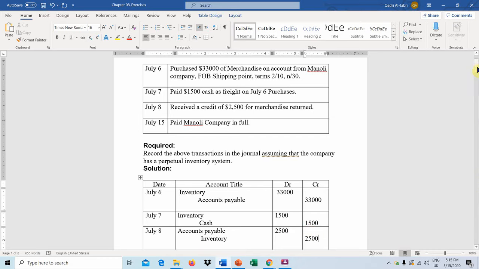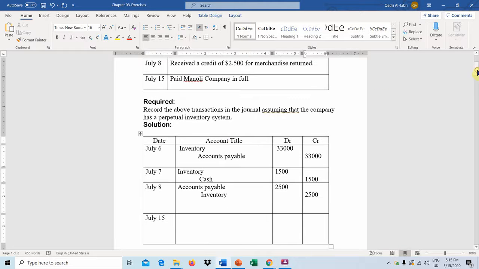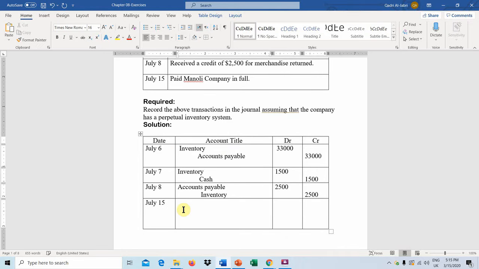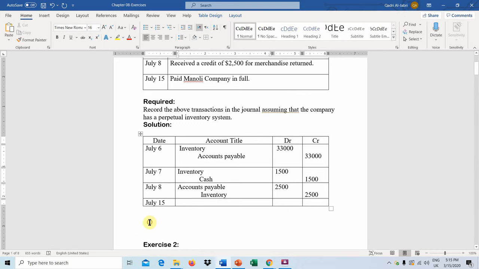Now let's do the last transaction. Paid Manoli Company in full. So we paid Manoli Company the amount owed. So now the question here is how much we have to pay. We have a liability.